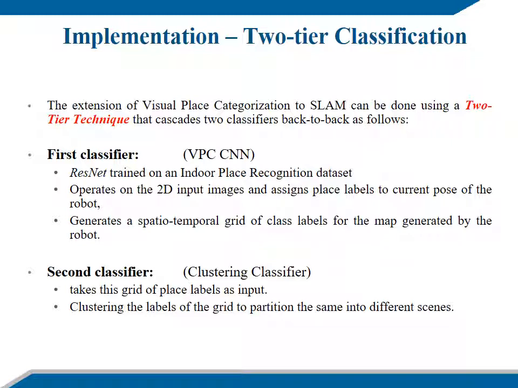This spatial grid of labels is then fed as input to the second classifier, which is basically a clustering classifier that explores the spatial correlation between these different scene labels and therefore generates a consistently labeled indoor map wherein different sections of the indoor map are labeled by appropriate scene categories.